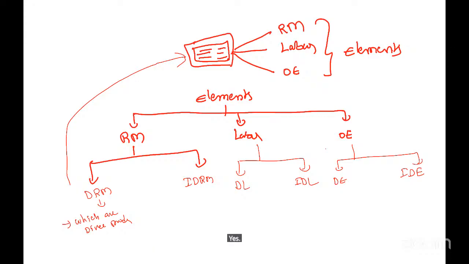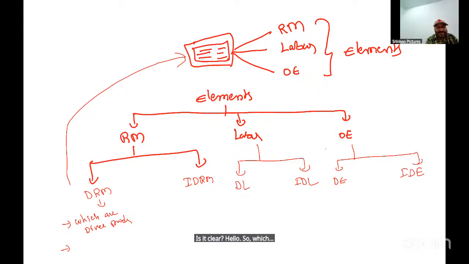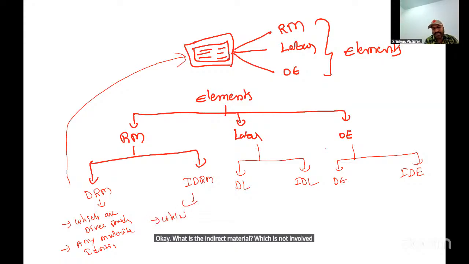Yes, sir. Any material which is traceable in production, if you identify it in the production, that is called direct raw material. What is indirect material? Which is not involved in the production.